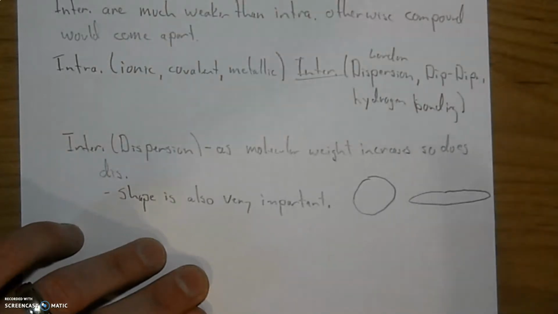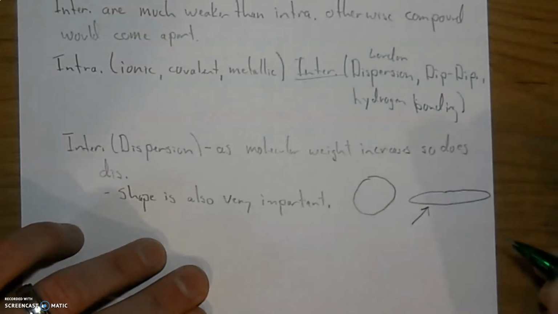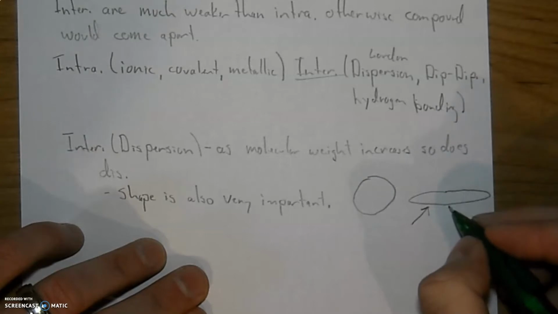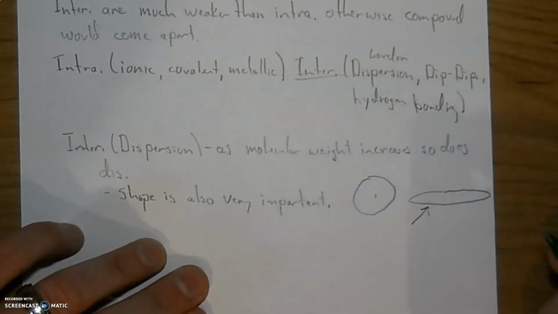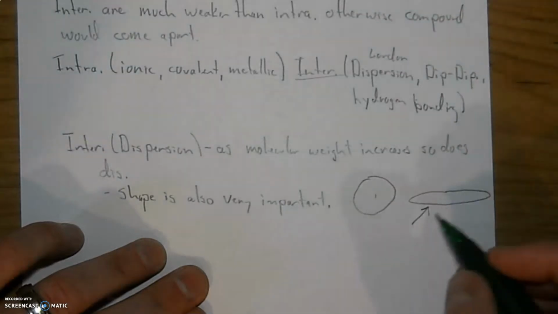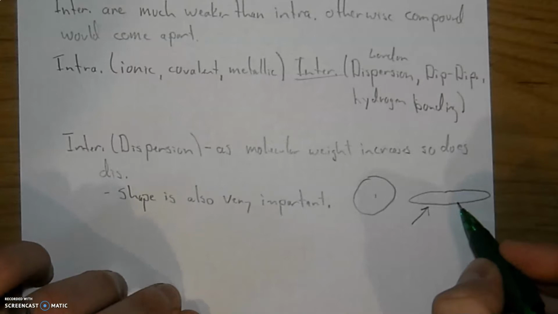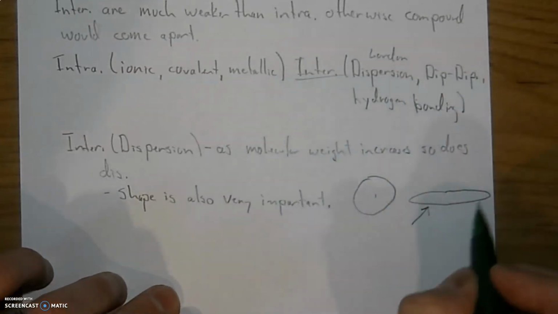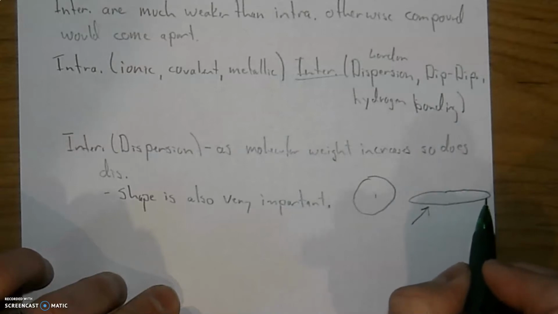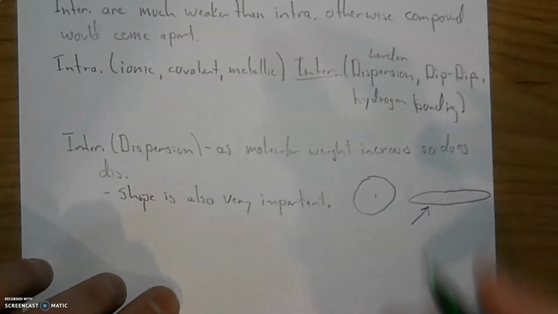Which one has more surface area? If your guess is that this has more surface area, you would be correct because it's been flattened out and there's very little interior space in comparison to this one. The more surface area you have in a molecule, the more dispersion forces you're going to have. So it's not just the molecular weight, the molar mass, it is also the surface area. Something that has more surface area is going to have more dispersion attractive forces.